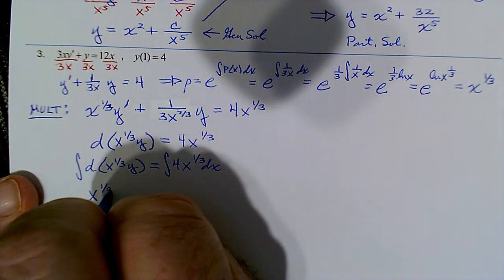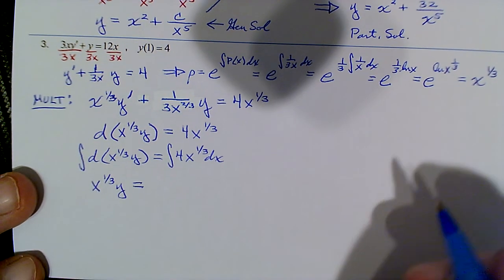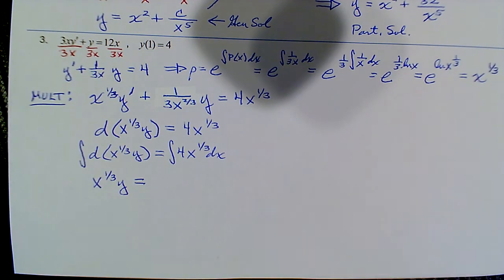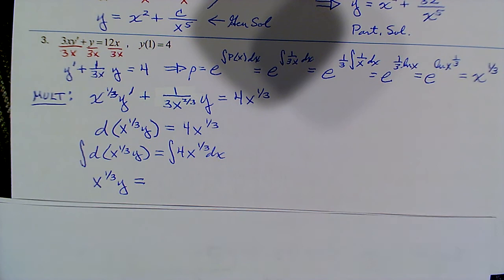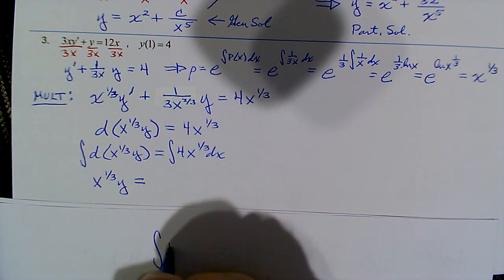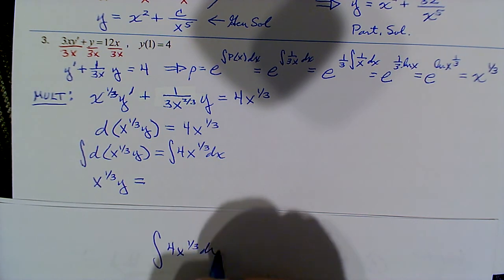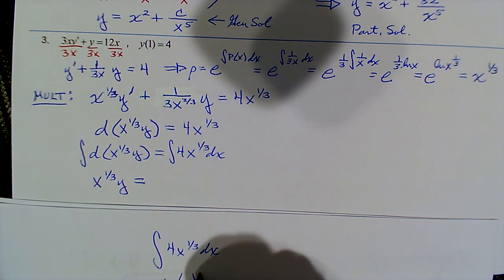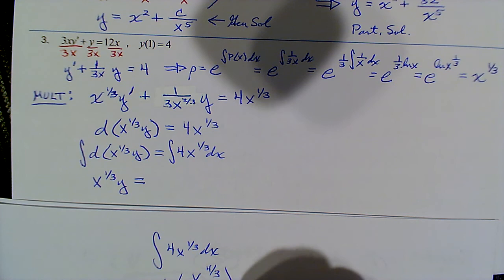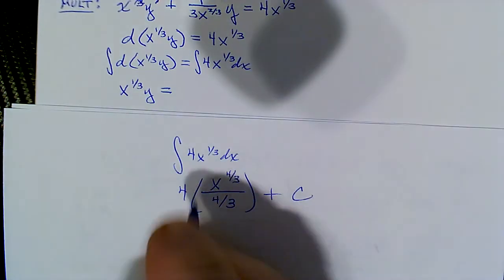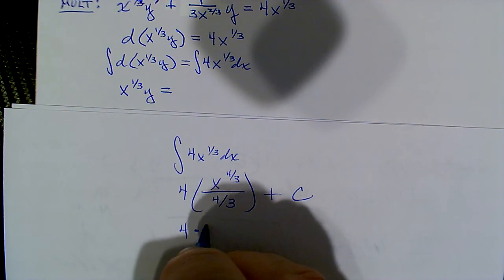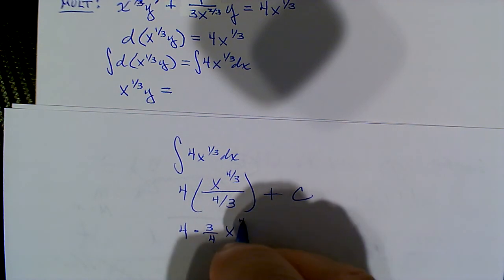So x to the 1/3 y equals, okay, and then integrating 4x to the 1/3, I'll just do it right here on scrap paper. We get 4 times x to the power 1 greater is 4/3 divided by 4/3, latter constant, but then inverting this denominator and multiplying, that's 4 times 3/4 x to the 4/3.